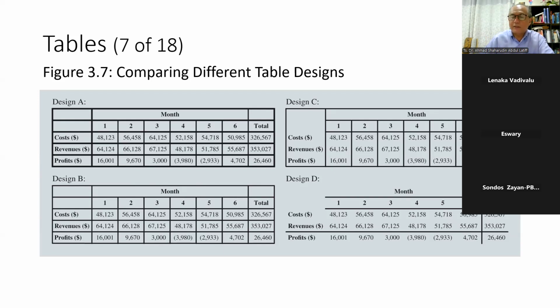You can see the title there. We have a vertical line here. We have a total. Whereas in C, you can see all vertical lines, so it doesn't differ from 1, 2, 3, 4, 5, 6, and total. The box is not different. You can see the box is different here. So this is how you put your tables. You need to learn how to put your tables so that your reader doesn't get a headache when reading your report.